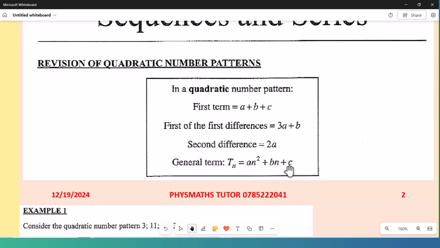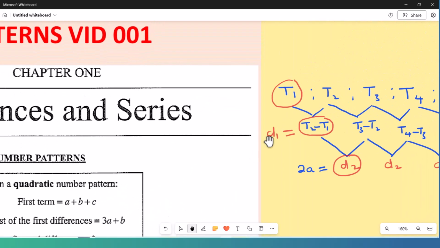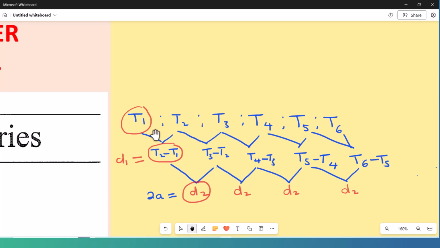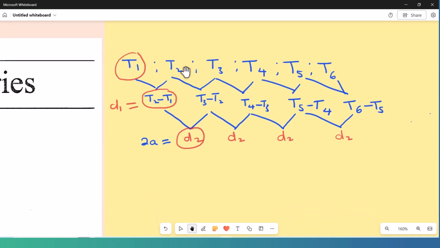Now, to understand this, consider a quadratic number pattern in this form, where we have T1, T2, T3, T4, T5, T6. If I subtract T2 minus T1, I get what we call D1.